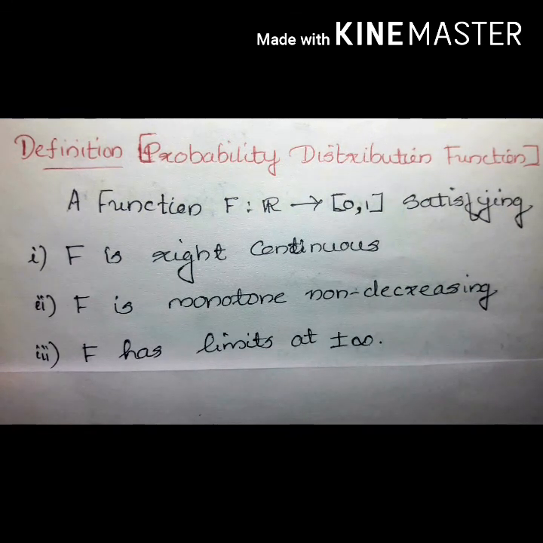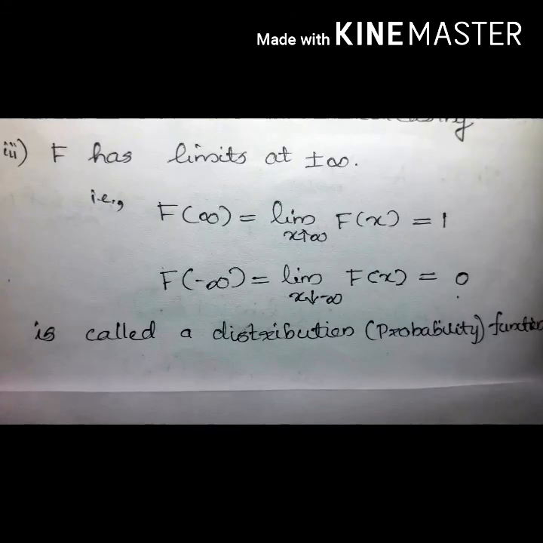That is, f of infinity equals limit as x increases to infinity of f of x, and that is equal to 1. F of minus infinity equals limit as x decreases to minus infinity of f of x, equal to 0. And this f is called a distribution function or probability distribution function.